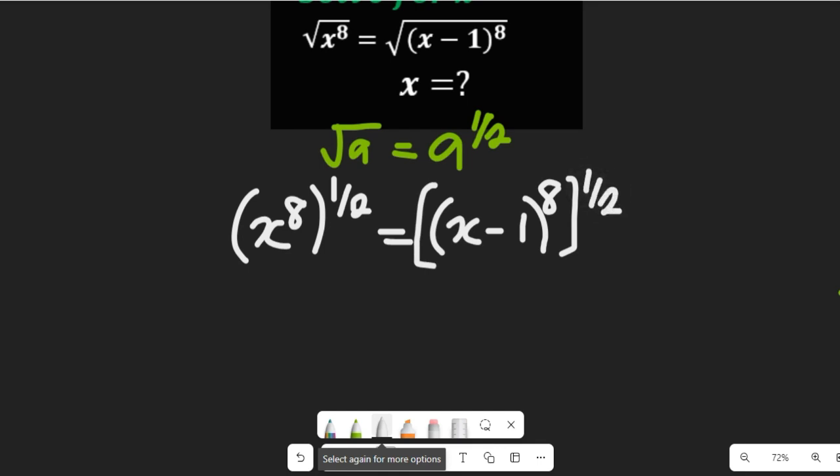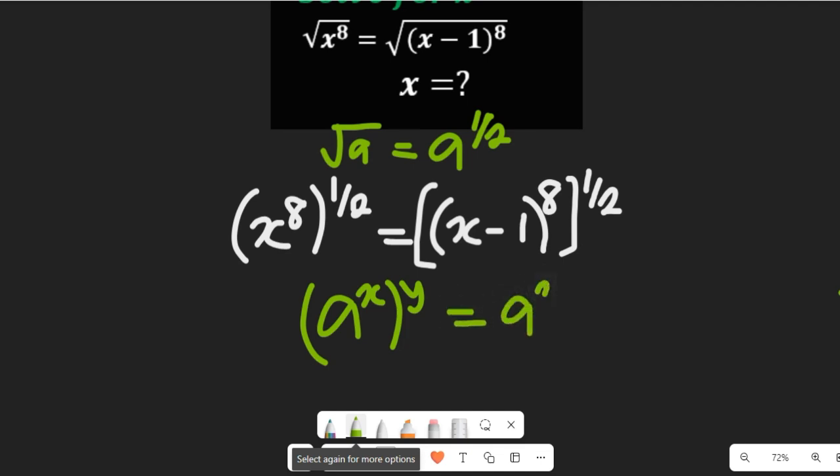Great. Now from this part we can simplify. But as we simplify, I want you to remember a law of indices: when you have a to the power of x, all to the power of y, this is equal to a to the power of x multiplied by y.